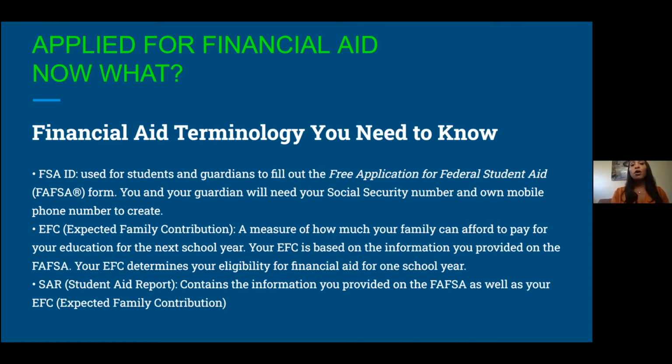You and your guardian will need your social security number and your own mobile phone number to create this FSA ID. That's all you will need. Social security number and your own mobile number.